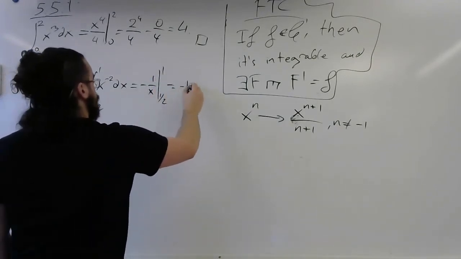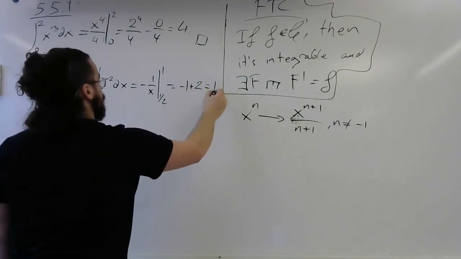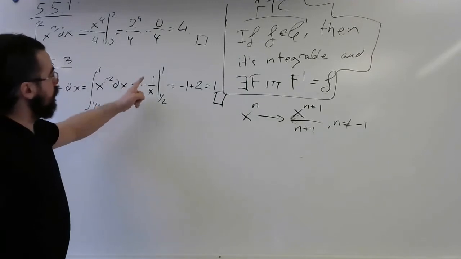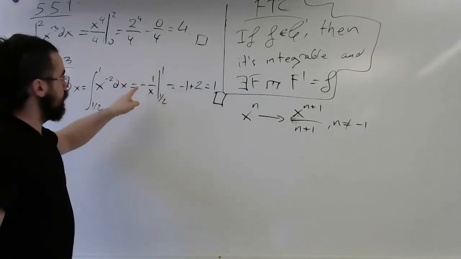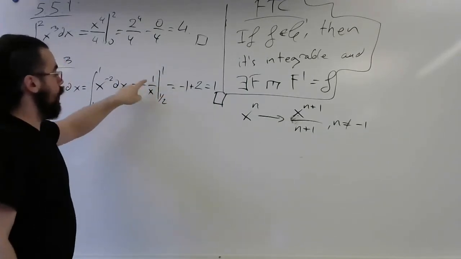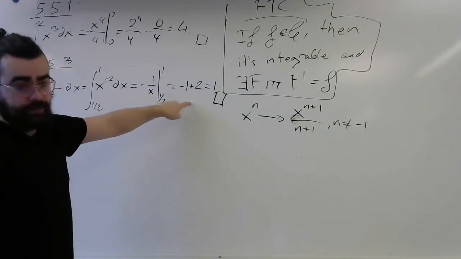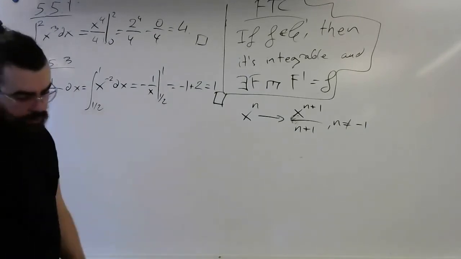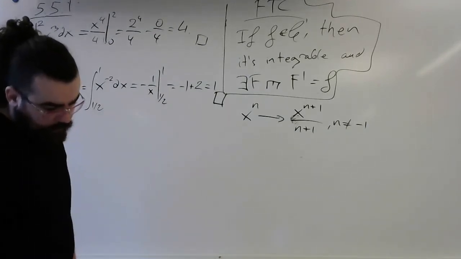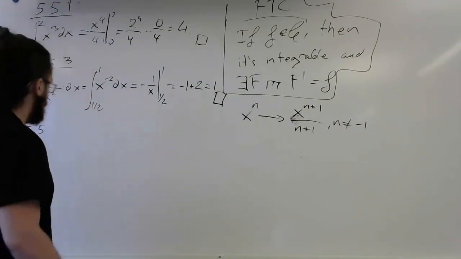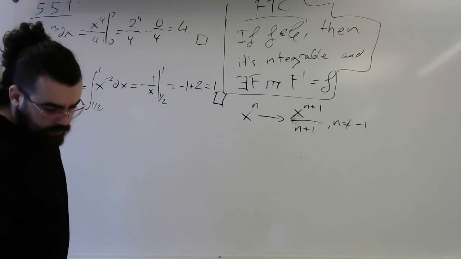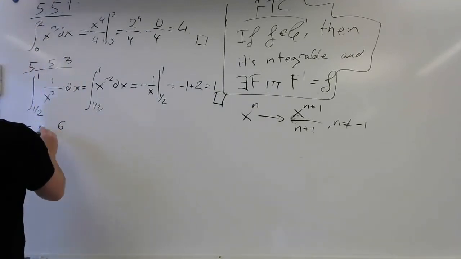And that's minus 1 minus, so plus 1 over 1/2, which is 2. Number 6.